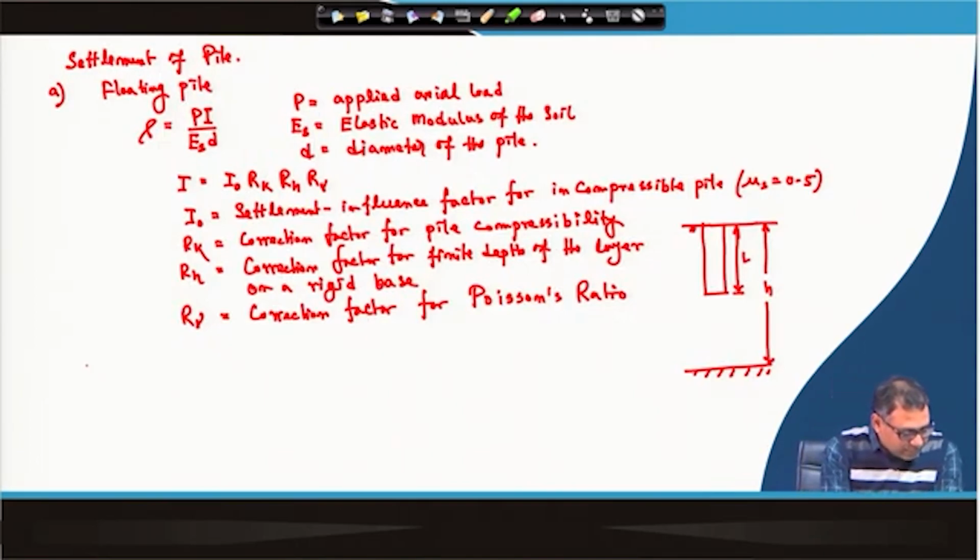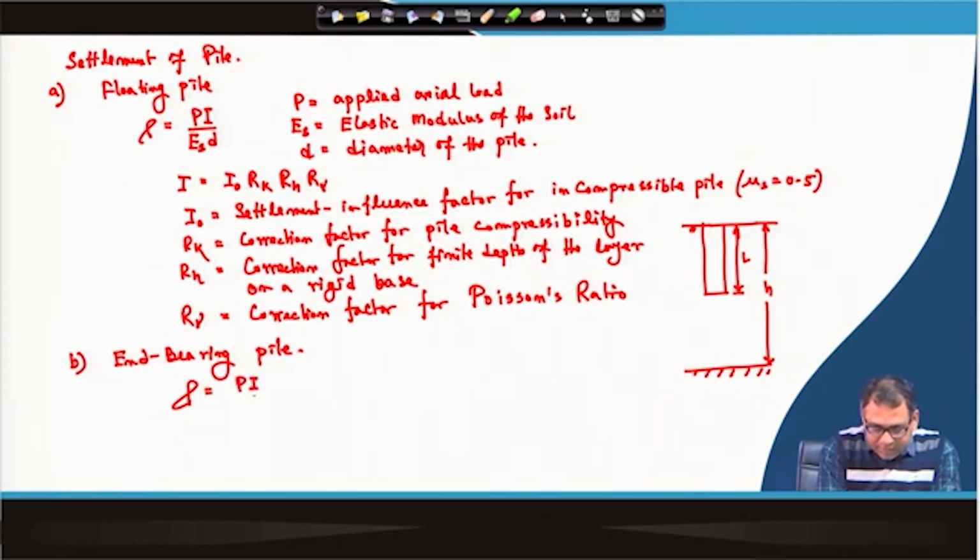Now, similarly for the end bearing pile, we can write a similar expression, pi I by E S D, where I is equal to I 0, R K, R B and R nu.